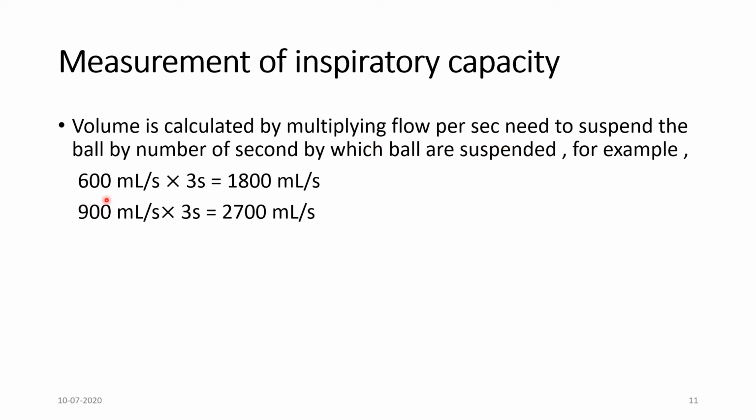For example, if 600 milliliters per second are suspended for 3 seconds, meaning the patient can hold the breath for 3 seconds, the inspiratory capacity is 1800 milliliters. If 900 ml per second, with the second wall raised for 30 seconds, the inspiratory capacity of the person is 2700 milliliters.